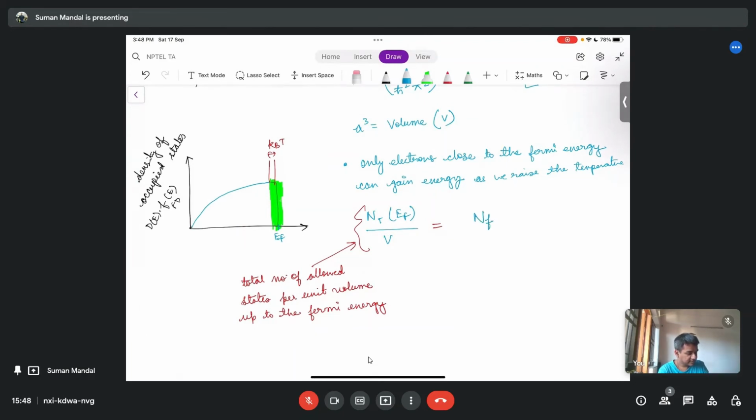NF. What is NF? NF is basically, if only one electron per state, then this is the total number of free electrons per unit volume.